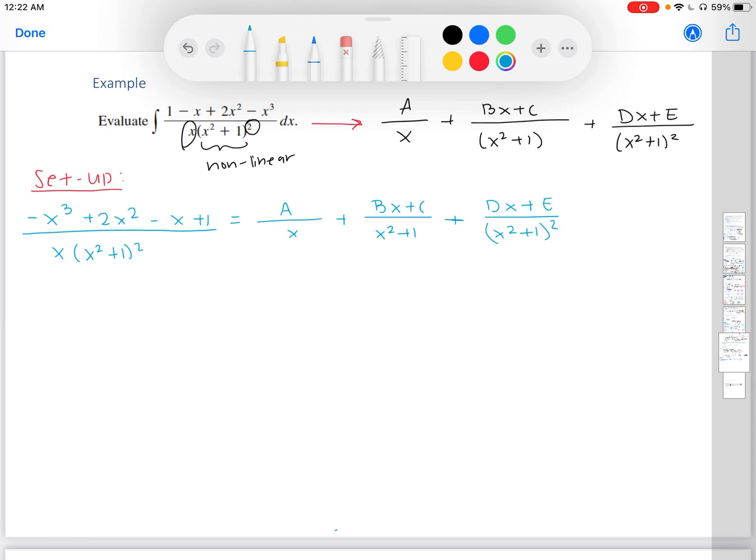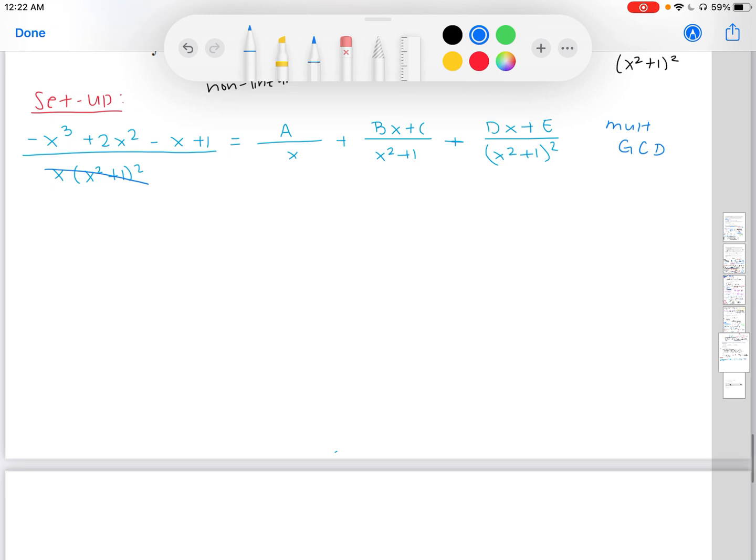All right, let's do the same process. Let's multiply both sides by our greatest common denominator. That will make this denominator cancel. So we're left with negative x cubed plus 2x squared minus x plus 1.